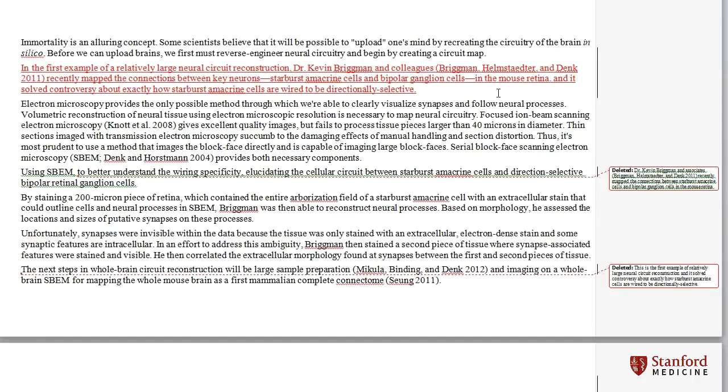Now, one thing that's missing from the rest of this paper is we never get any details about this controversy. The author in the original draft just kind of dropped it in the last paragraph, oh, and it solved this controversy. But that's a really important point. So we're going to tease the reader with that early on, say, hey, they solved this controversy, and we can unpack that later.